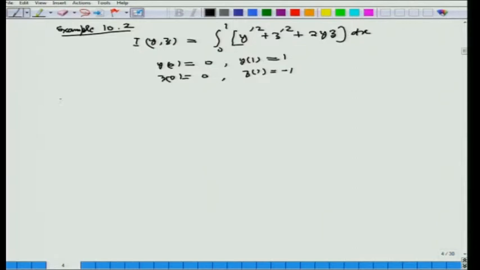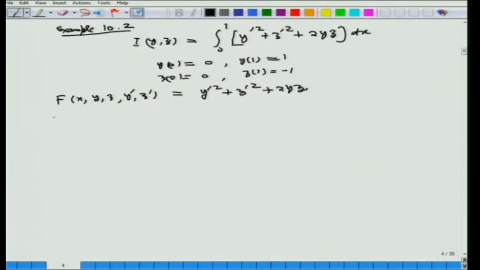So, in this case f(x, y, z, y', z') is given by y' squared plus z' squared plus 2yz.